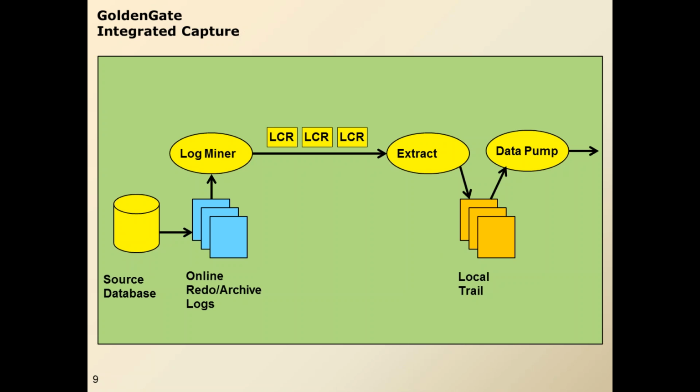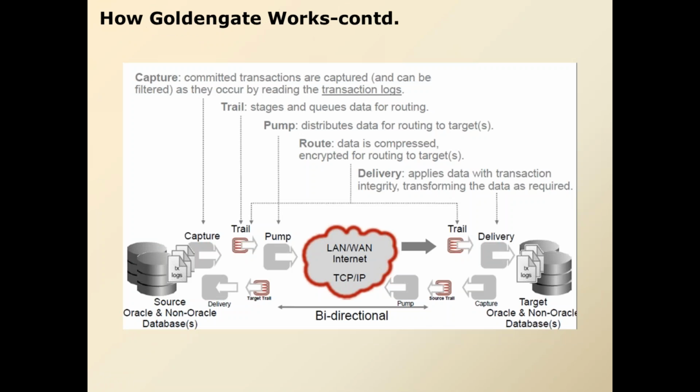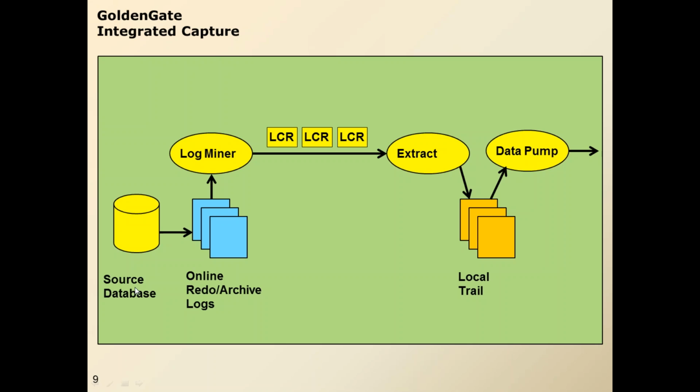What happens is, in case of integrated capture, you have one more layer of LogMiner database in between the extract and the redo logs and archive logs. Earlier, in case of classic, capture was reading the transactional logs directly. However, in case of integrated, extract does not read the transactional logs of the database directly.